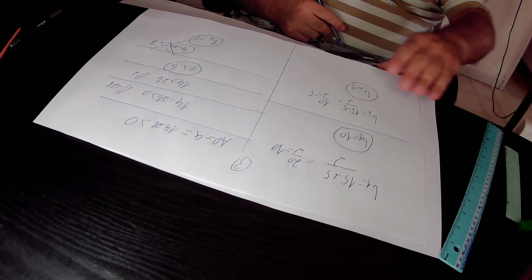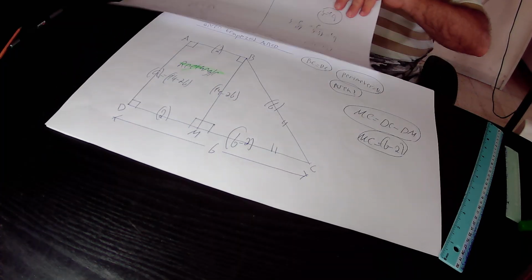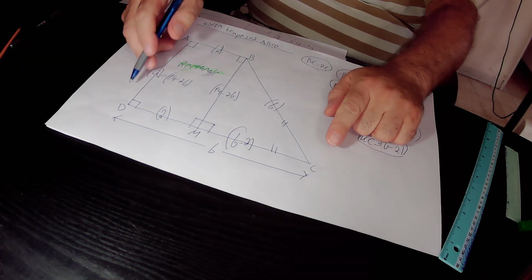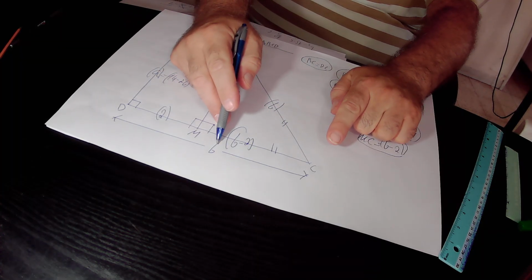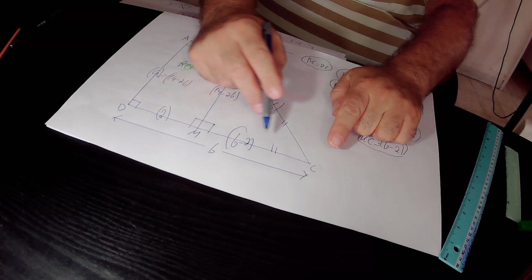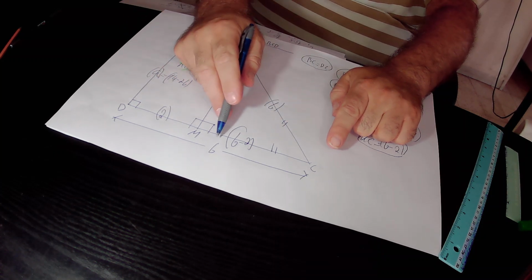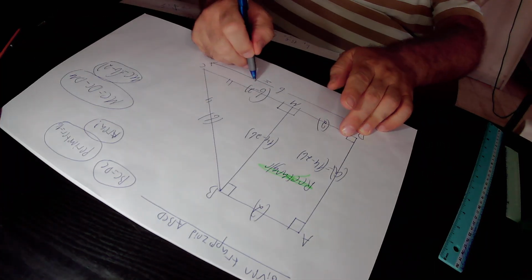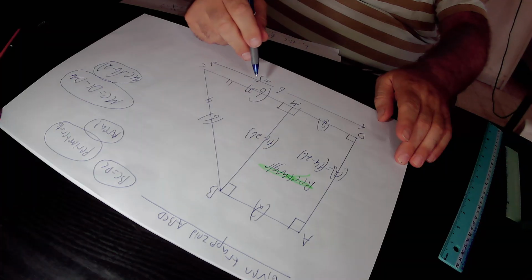So we actually found out that b is equal to 5. That is to say DC equals 5, and DC equals b according to our definition, and b equals 5.